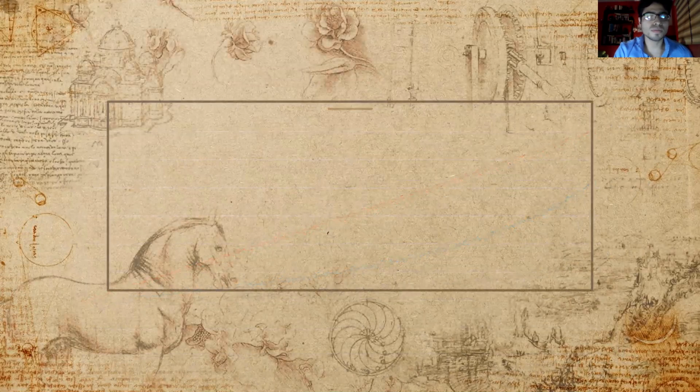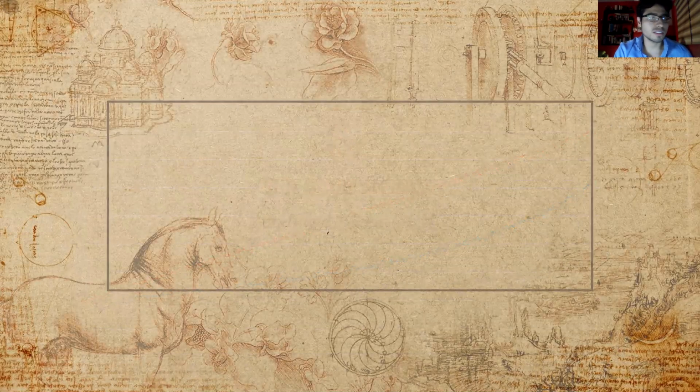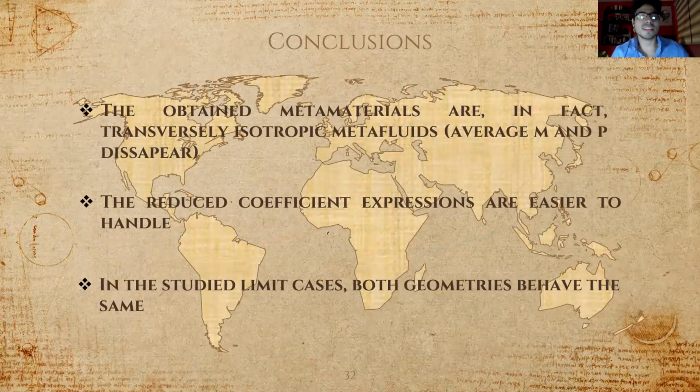And finally, what did we learn? Well, three things. First, that the obtained metamaterials are in fact transversely isotropic metafluids, because the effective coefficients related to M and P are actually 0.